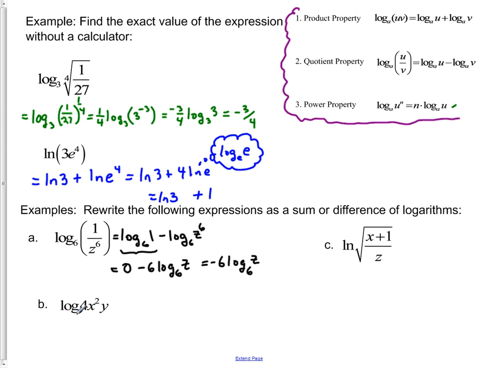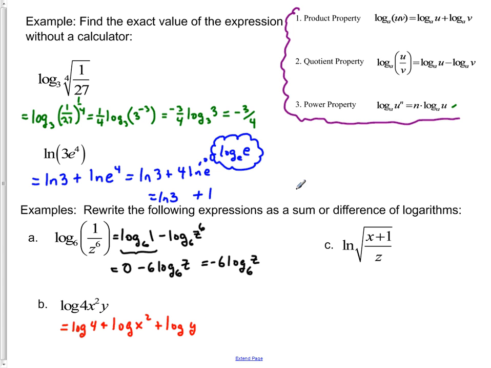And as we were stating, right here, this logarithm can be expanded out as a logarithm by our product rule up here. Equals the same thing as the common logarithm of 4 plus the common logarithm of x squared, because it's 4 times x squared, plus the common logarithm of y.